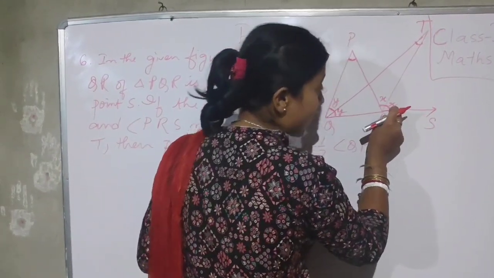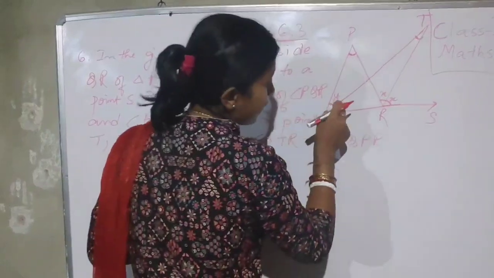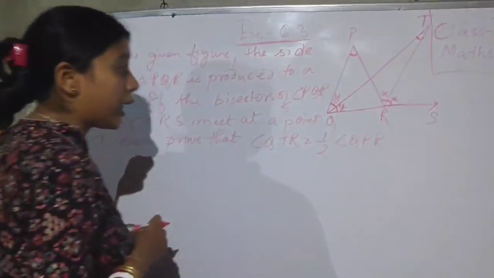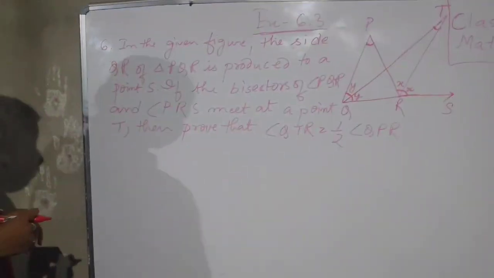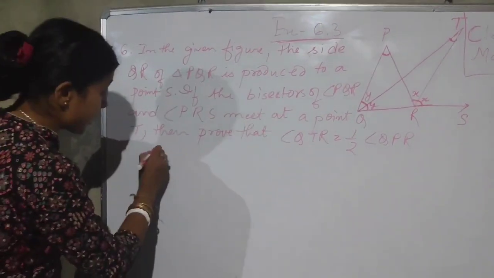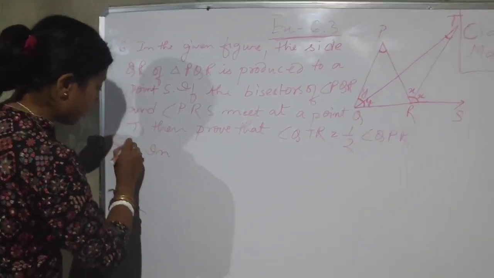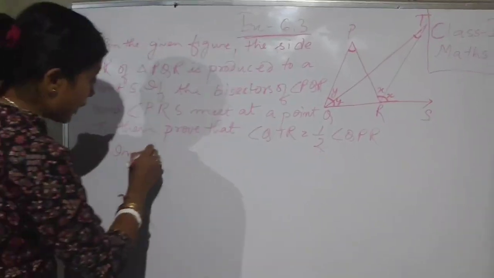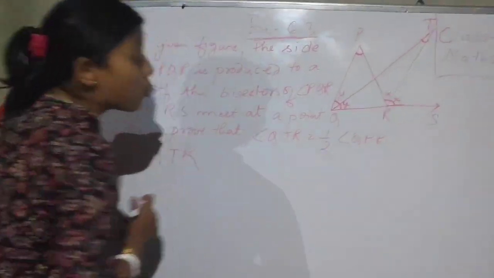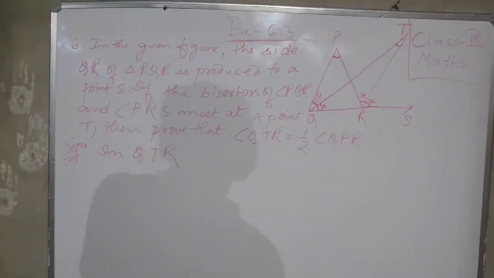So take this one as x and this one also as x. Here also y. Okay, so let's start. First let us take triangle QTR.